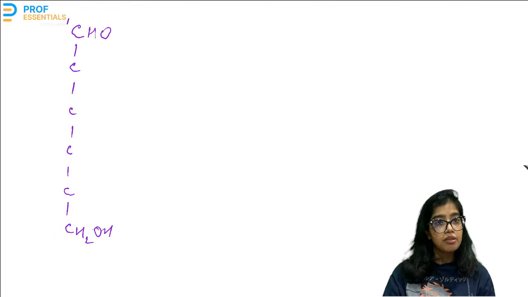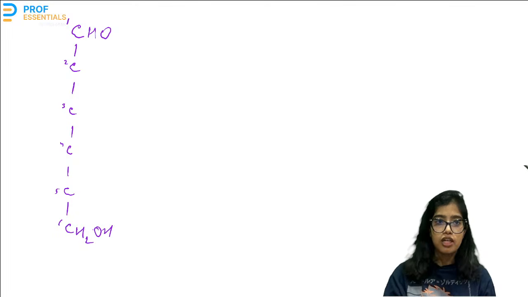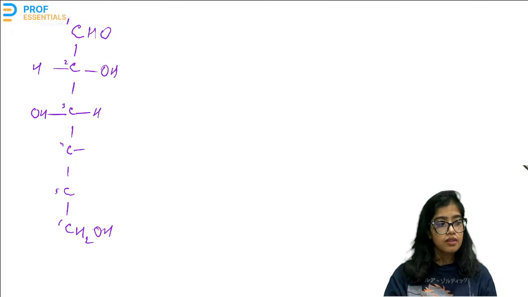This is first carbon, second, third, fourth, fifth, and sixth. So now on the third carbon, the location of H and OH is different from the rest of the carbons. So it is like this. On the third carbon, it will be like this. Then again like this.